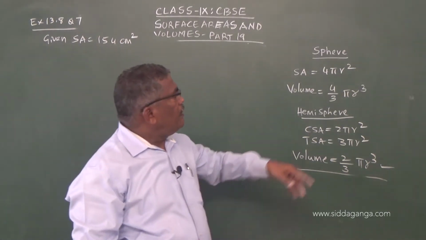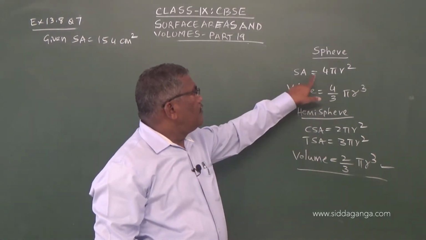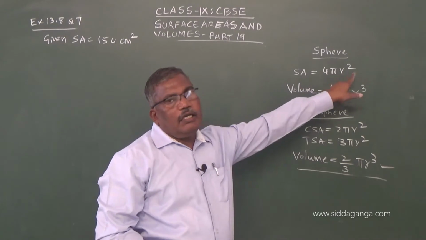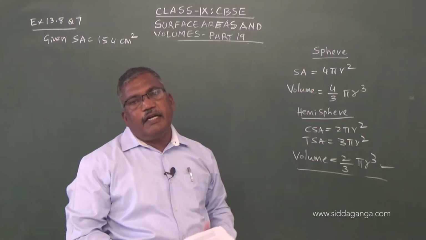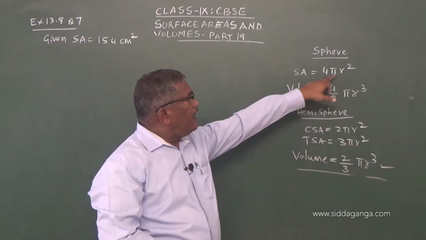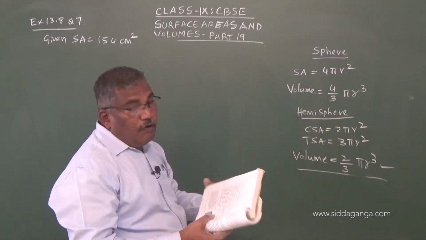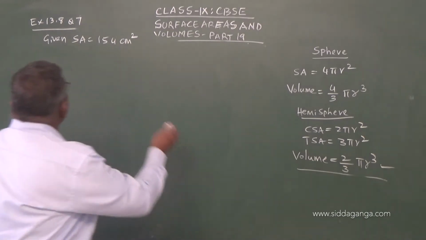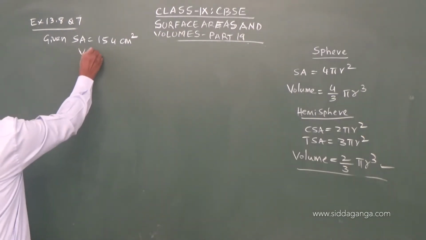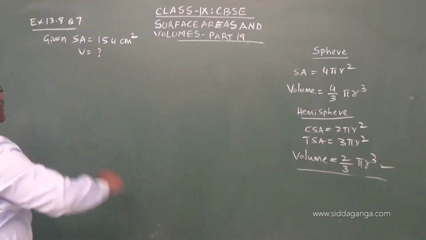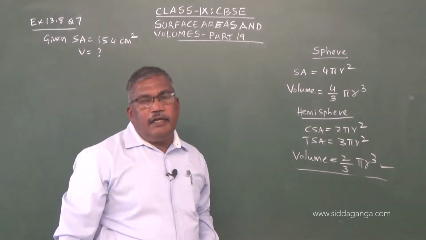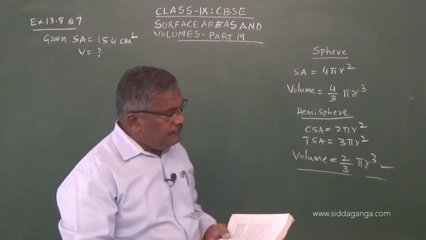You observe here, this is given. So 4 pi r square. From that we can calculate the radius. When we get the radius, we can find the volume. So using the given surface area, calculate the radius first.